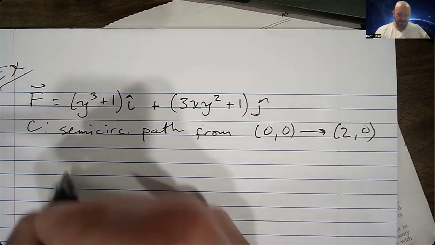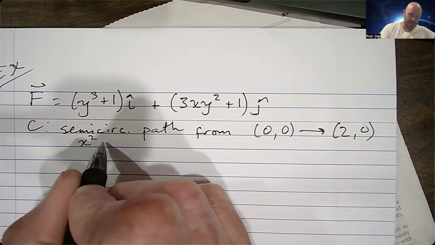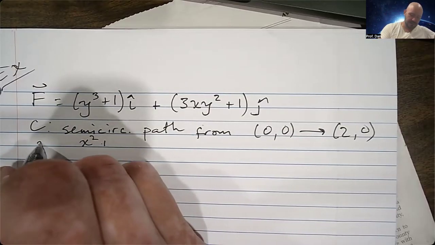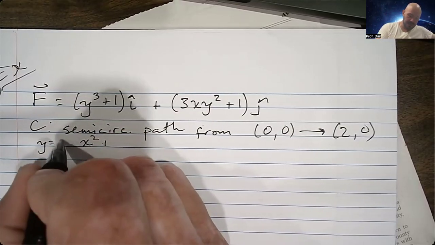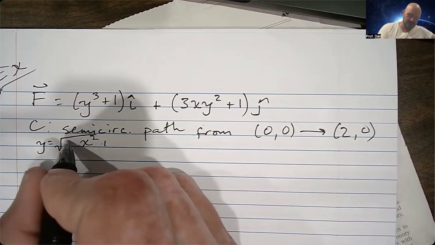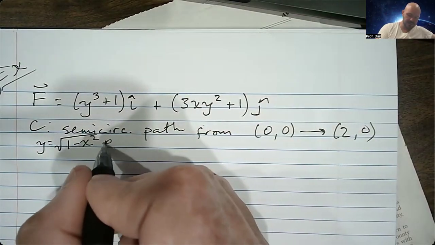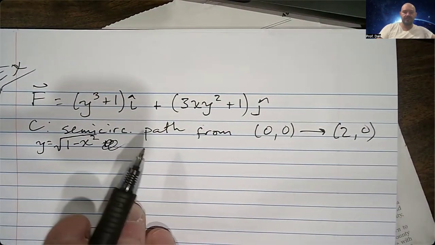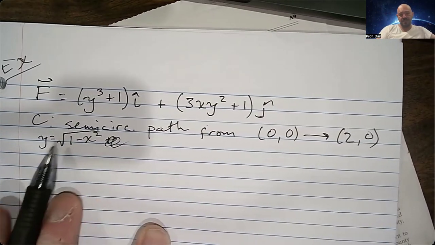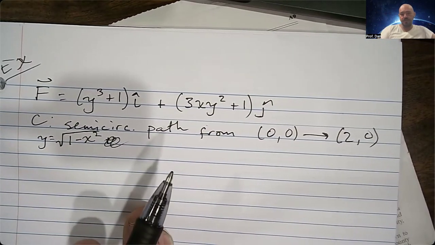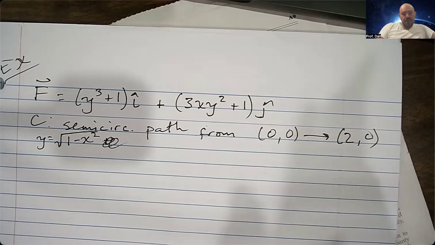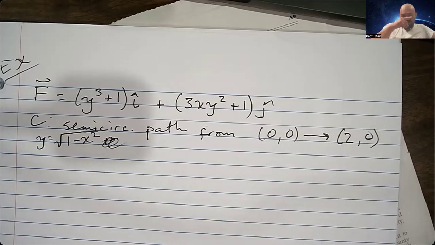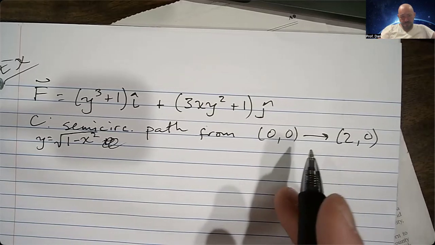Which, if you really wanted to, since it's a semicircle, you could write as y equals only the positive square root of 1 minus x squared. Okay. So if you wanted to write the path out as a function involving x and y, you could do it that way. There's not really much point to that though.